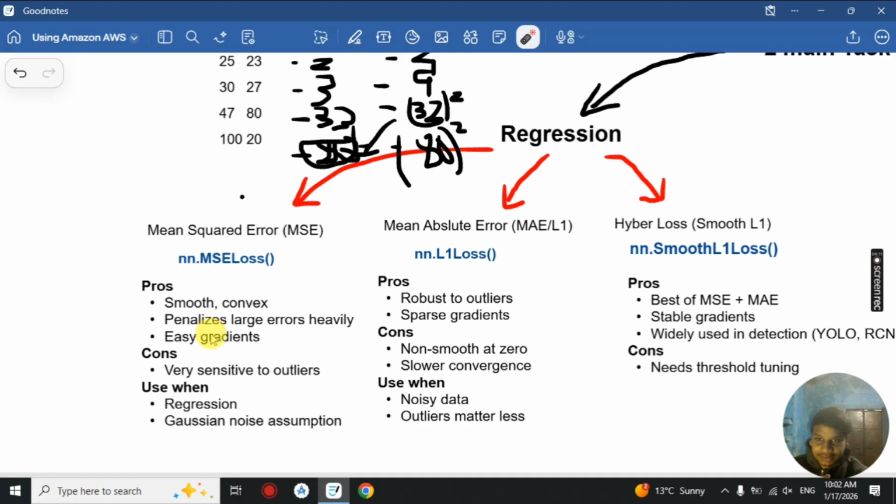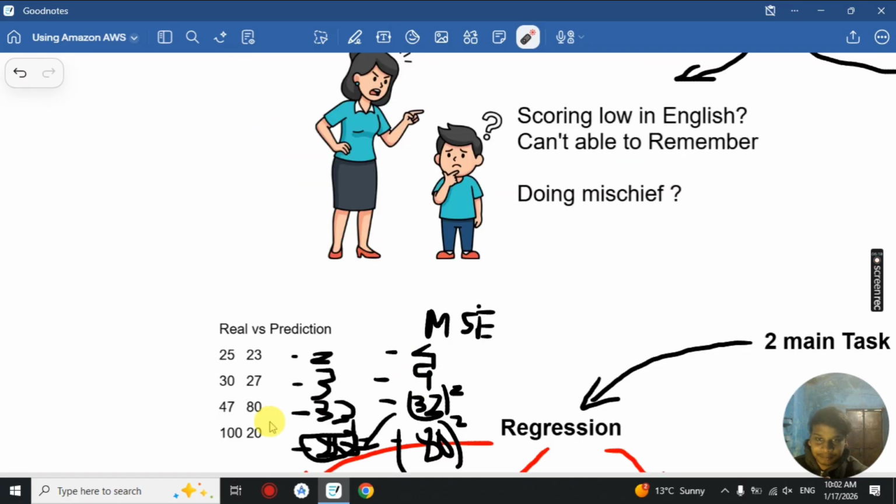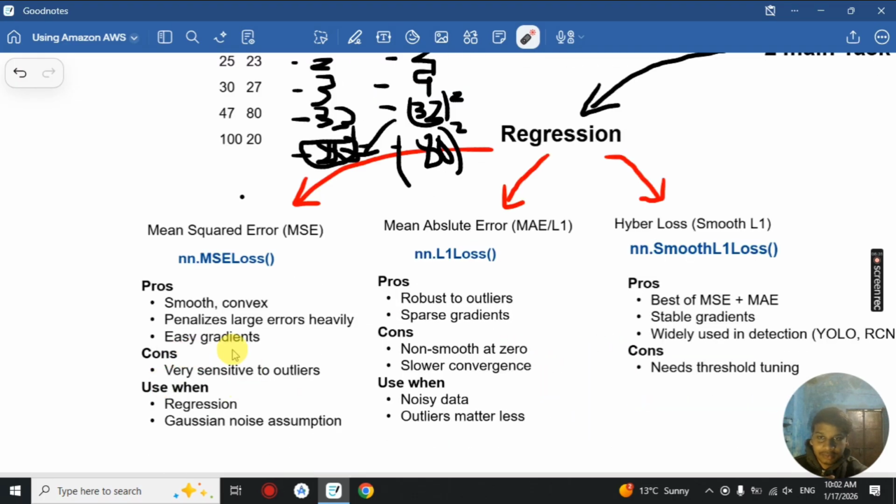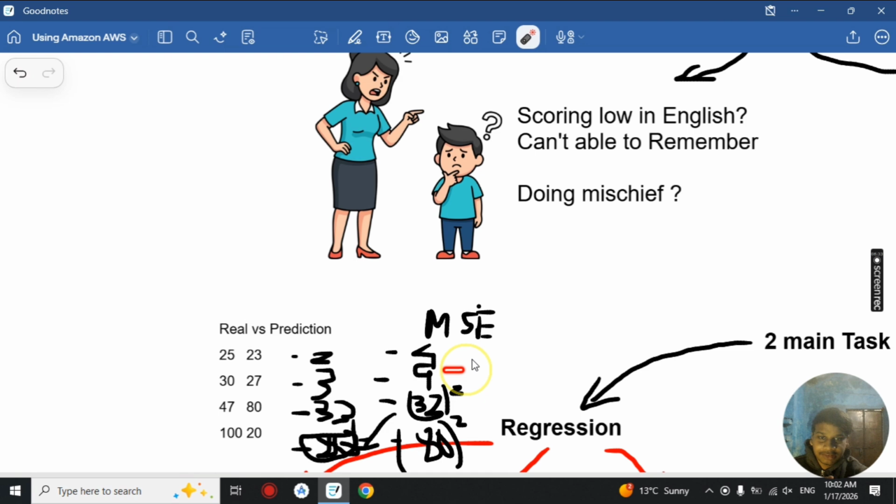Second, it penalizes large errors heavily. You could see that once the error distance becomes two digits, it penalizes very heavily, and for small numbers it penalizes low.